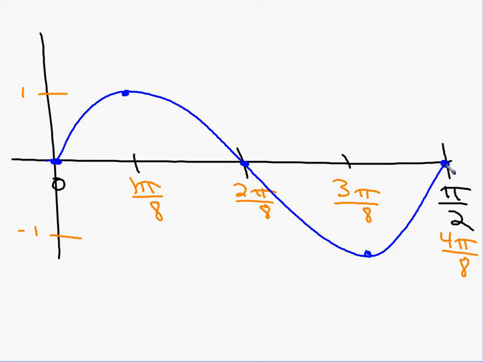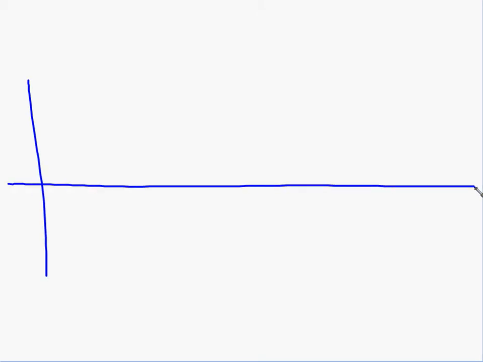Now, what if they wanted 2 periods of the sine graph? What would I do? Well, remember, it repeats, doesn't it? It's periodic. So we're not going to do this on every problem, but you do need to know how to do this. If I wanted to do 2 periods, then there's the first period at pi halves. Okay?